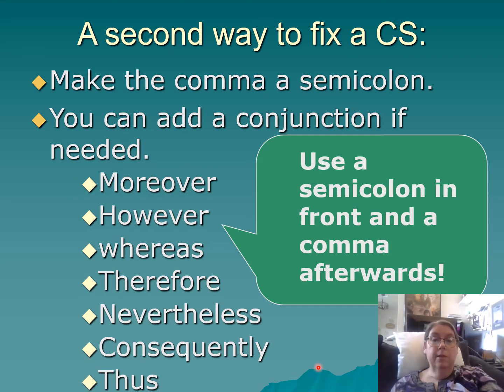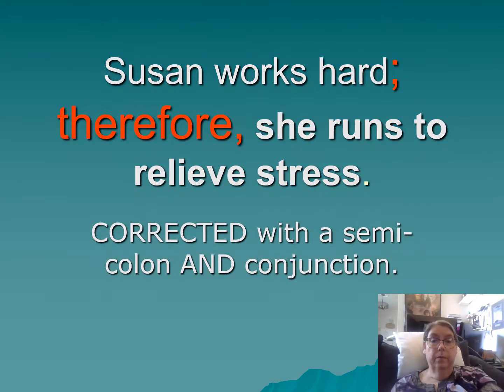And you put the semicolon at the end of the first sentence, the conjunction, and then a comma after the conjunction. So here's an example. I took that same sentence, changed my comma into a semicolon, and I used therefore instead of so. Therefore is the proper kind of conjunction to use with a semicolon. And then you have to put a comma afterwards.